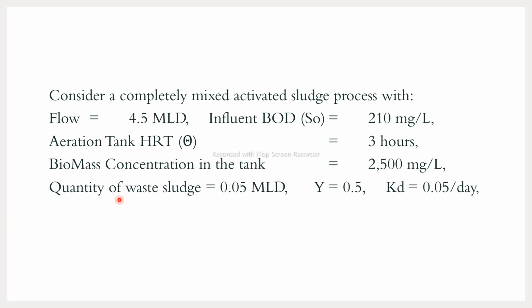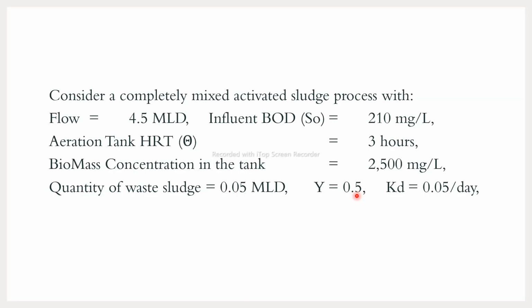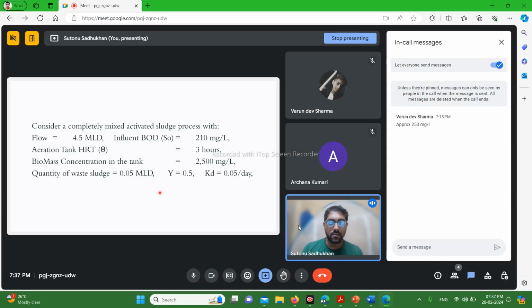Then quantity of waste sludge is given as 0.05 megaliters per day or million liters per day. Yield is given as 0.5. What is yield? Anyone? And KD is given as 0.05 per day. This is a bit complicated problem actually.